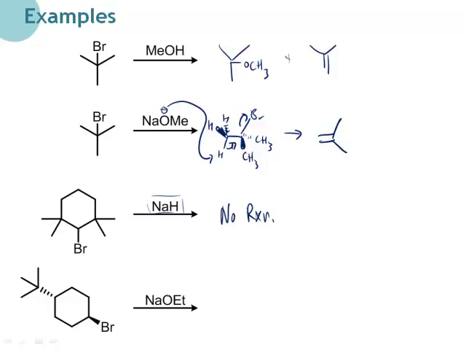Finally, we come to this cyclohexyl derivative, and we are using an ethoxide base/nucleophile, which is both a good base and nucleophile. And because this is a secondary leaving group, we're going to probably expect a mixture of both the SN2 and the E2 product, slightly favoring the E2 perhaps.